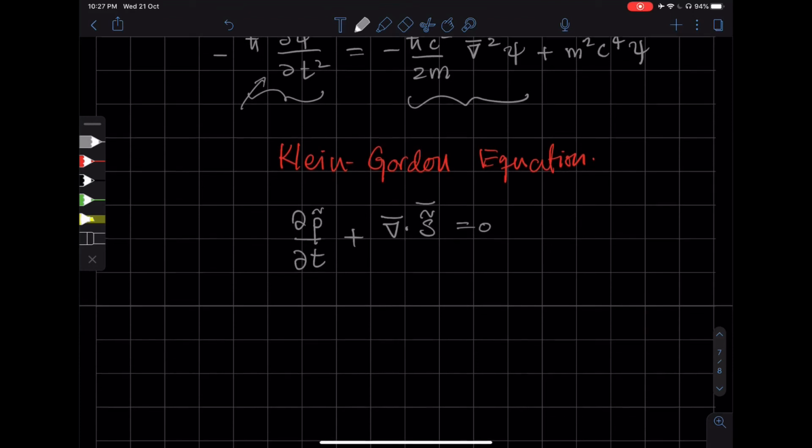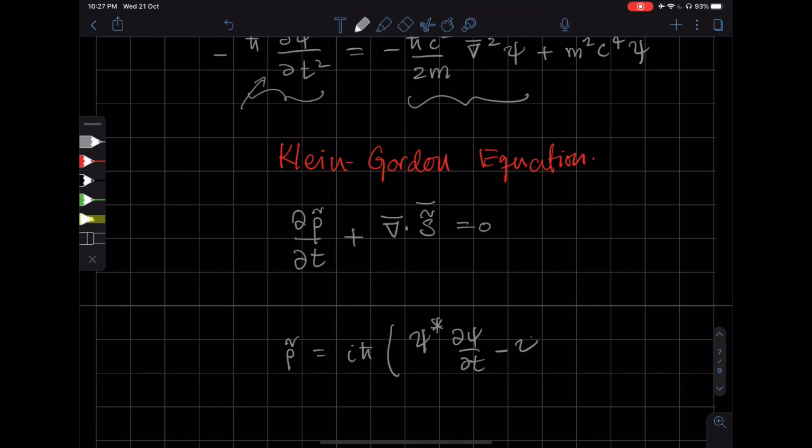Now, if you work out what rho tilde is for the Klein-Gordon equation, you find that rho tilde is i h bar times psi star del psi del t minus psi del psi star del t.